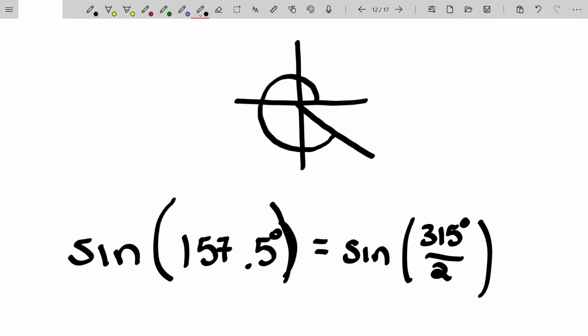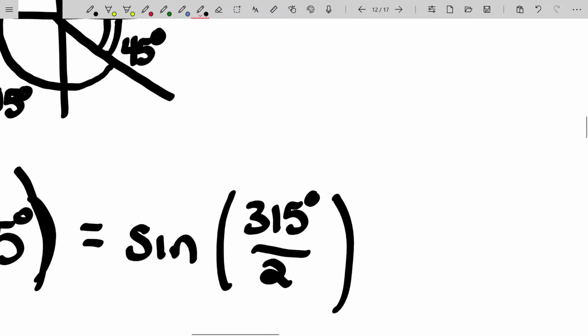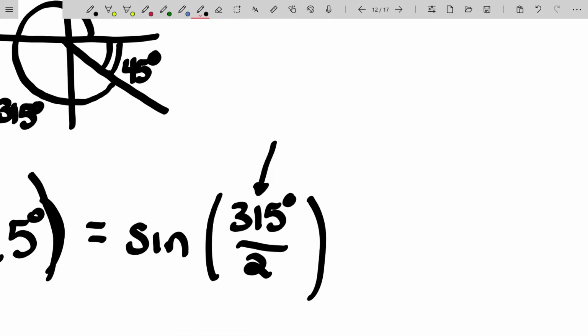If you were to look at 315 degrees, that would land you in the fourth quadrant. That's 315 degrees, and you'd have a reference angle of 45 degrees. That's a special angle, so that's a keeper. I want an angle here in the numerator that has a special reference angle. So let's see.